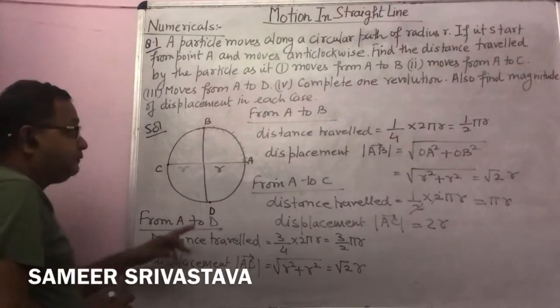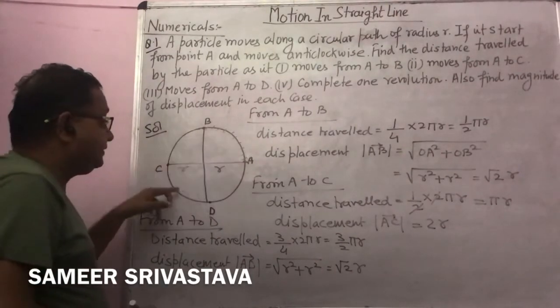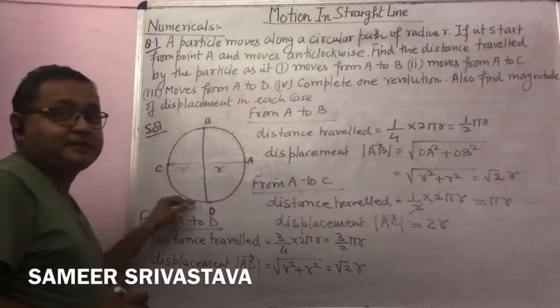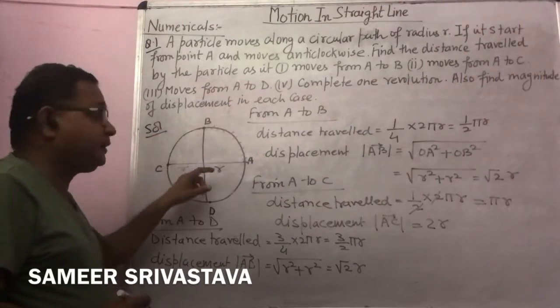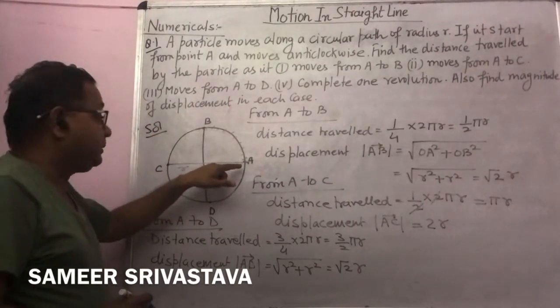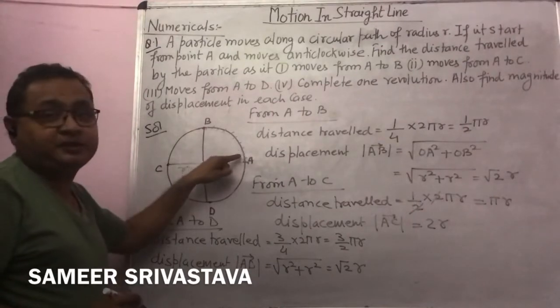Right. Now in the fourth case, for the complete one revolution, the distance traveled is 2 pi r and the displacement becomes 0 because the particle reaches its initial position again.